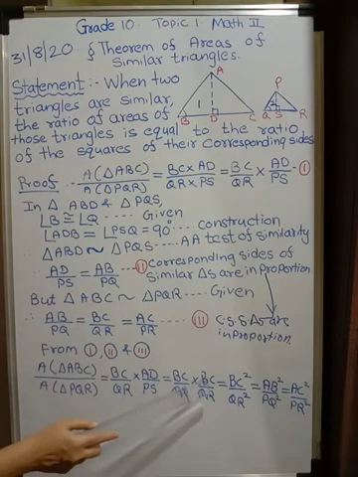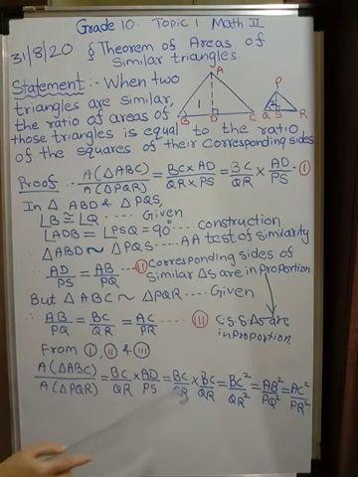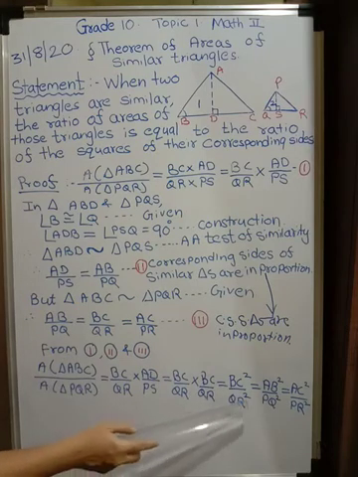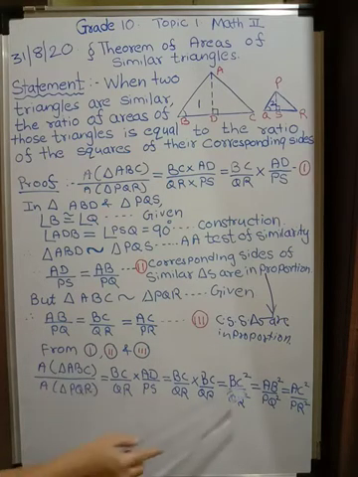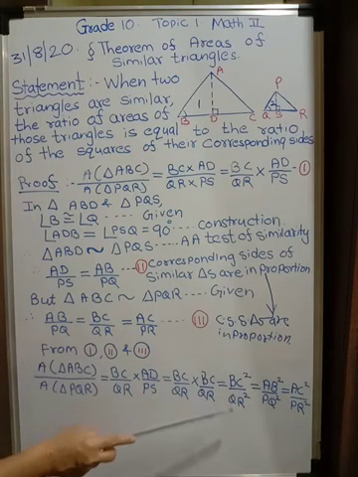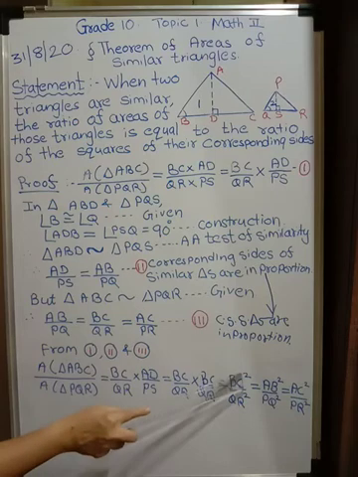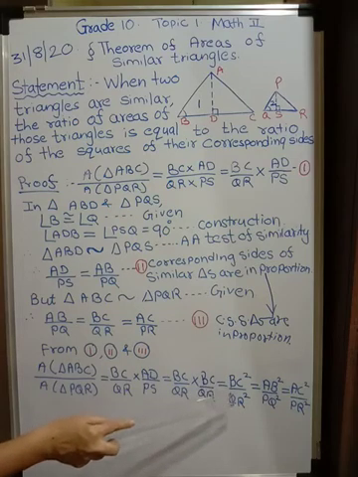So here again we are getting one more BC upon QR. Now BC into BC will be BC square and QR into QR will be QR square. So up till here you see area of triangle ABC upon area of triangle PQR is a square. Do not forget to write this square. So it is equal to the ratio of the squares of their corresponding sides.